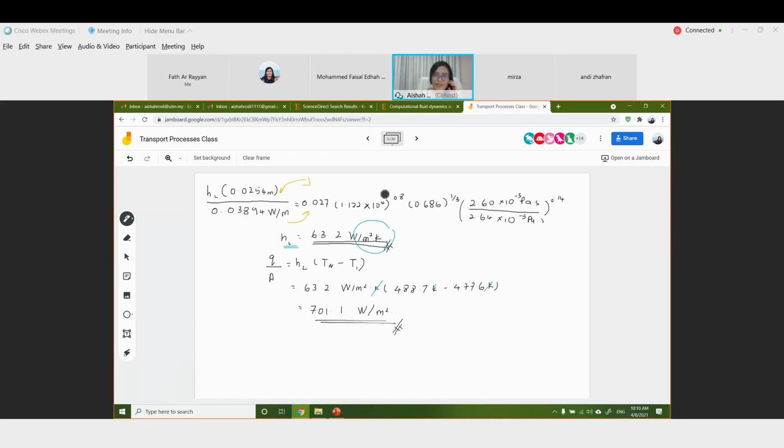So the appendices might differ, but there will be a title in the appendix. If it's for water, then you read from the water table, and if it's for air, then it's for air. Then you can see clearly in the different columns there are different parameters, for example CP or Prandtl number, so you can clearly see from there.